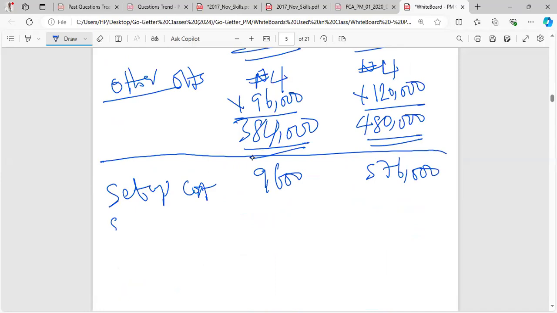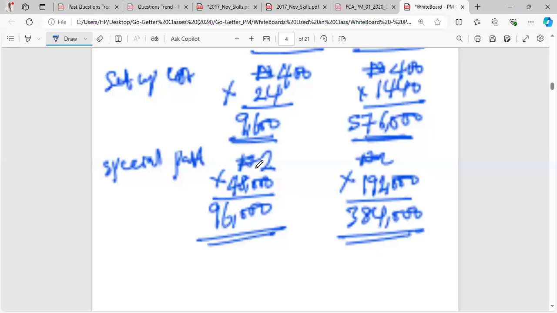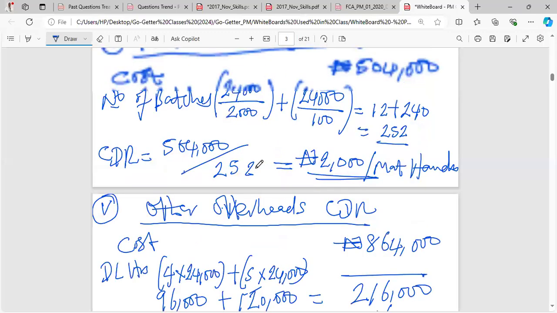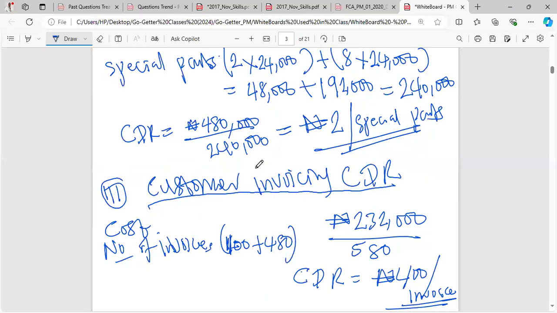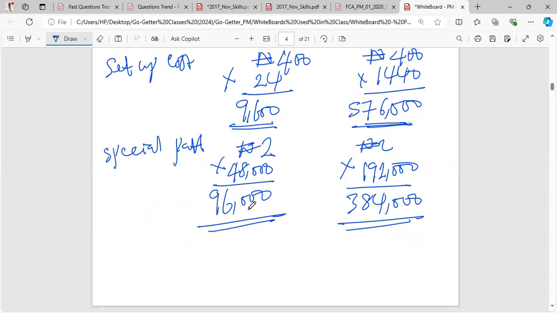Then we have special handling: 96,000 and 384,000.